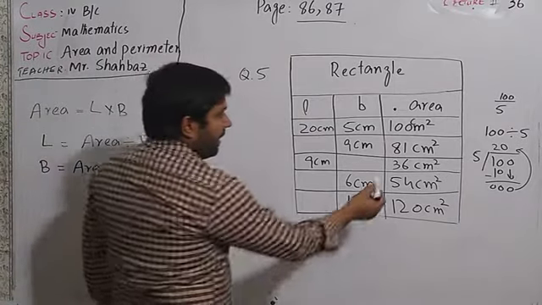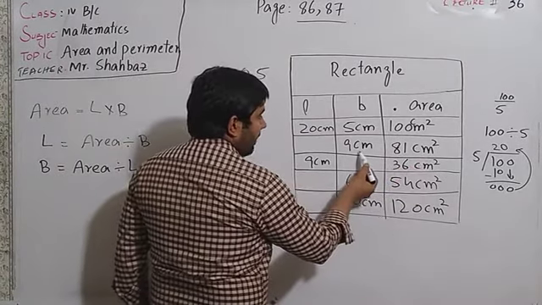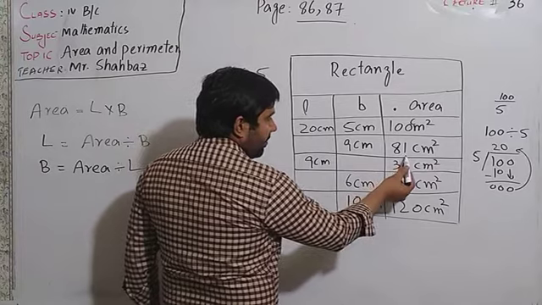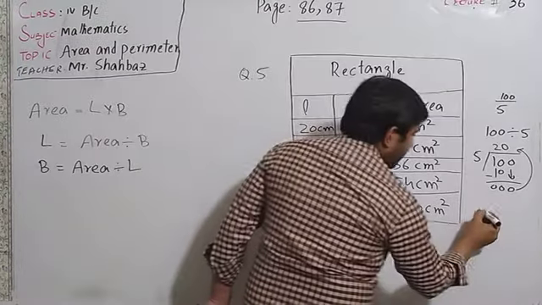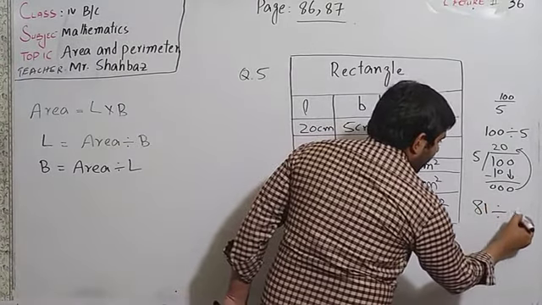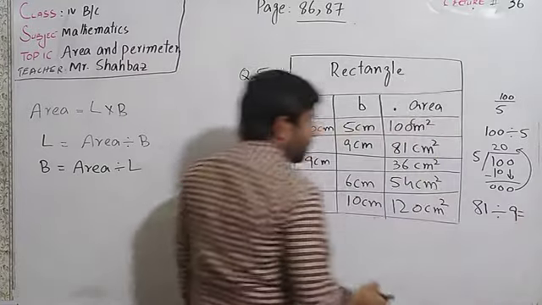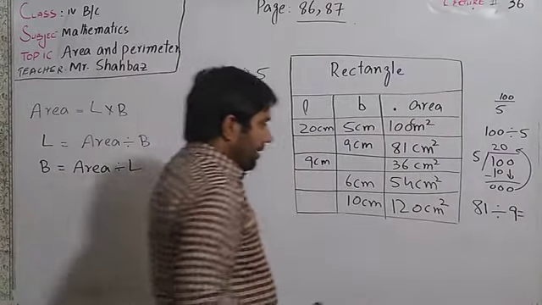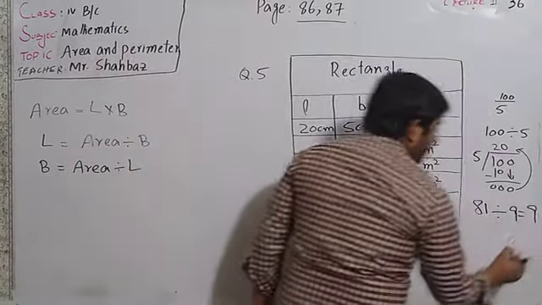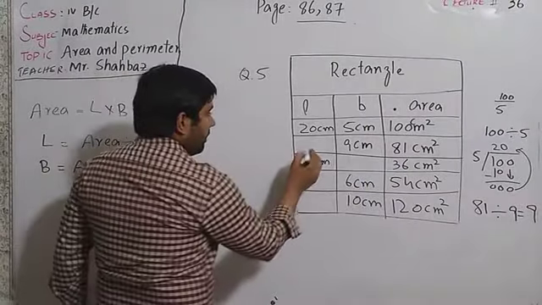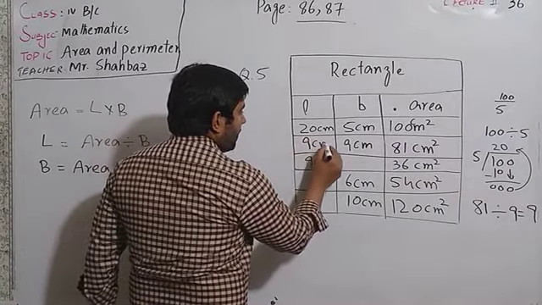Same, the area is 81 centimeter square, breadth is 9 centimeter. 81 divided by 9, it will be 9 times 9 is 81. So our answer will be 9. So this is 9 centimeter.